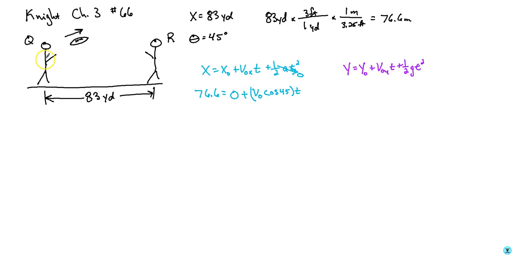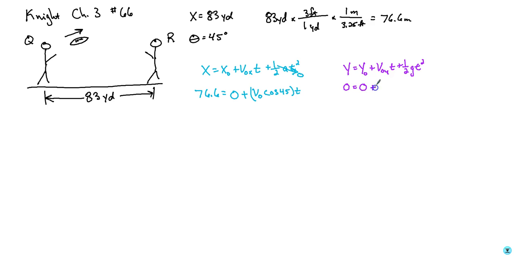We assume the receiver is at the same height, so the height at which the football ended its flight is 0, and y sub o is 0. You could call them 2 meters, about the height of a 6-foot quarterback, and do the same for the receiver, but the math works out anyway, so we just call them zeros.